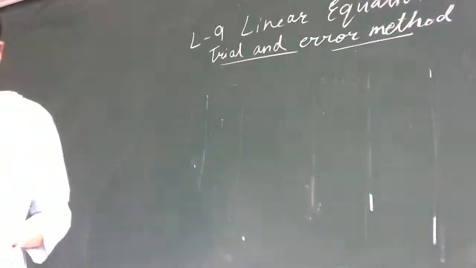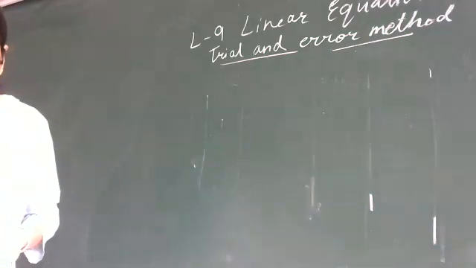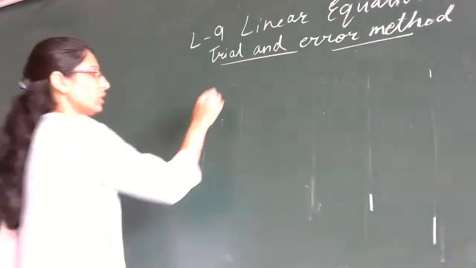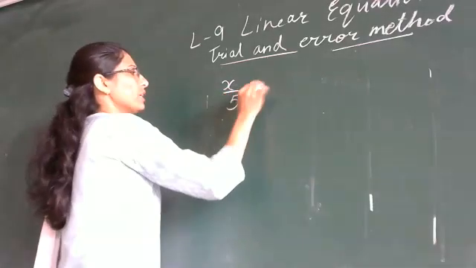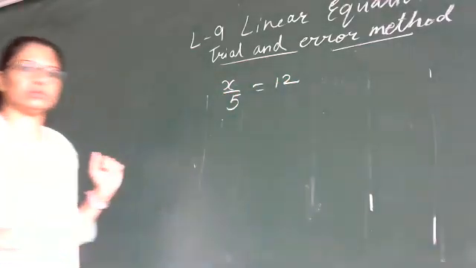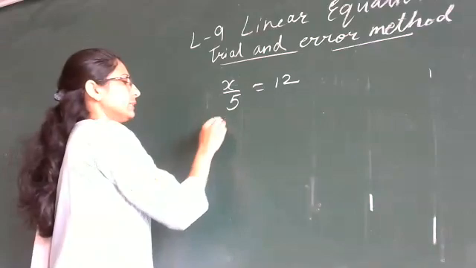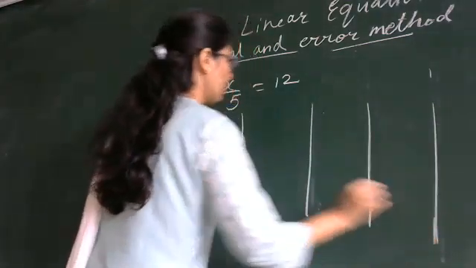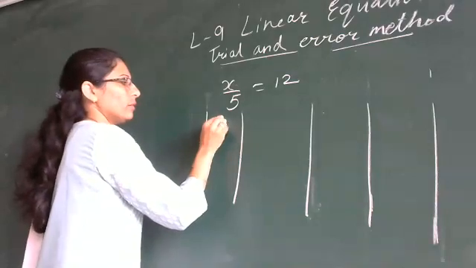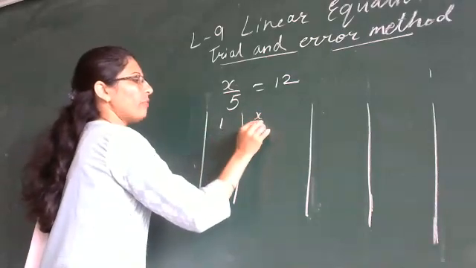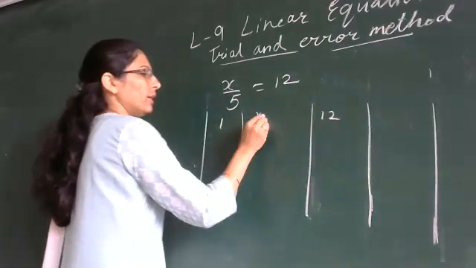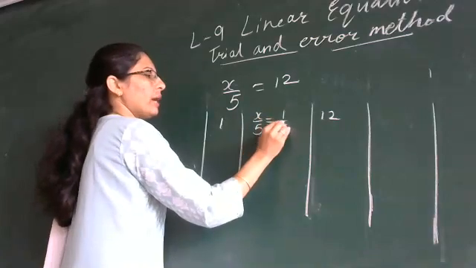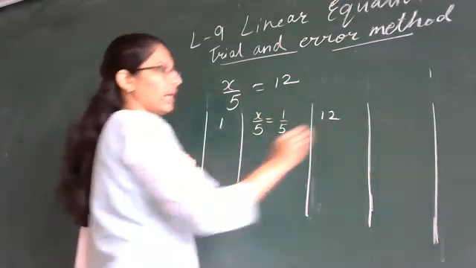Someone mute yourself. X by 5 is equal to 12. We will put x as 1. So x by 5 means 1 by 5. Are they equal?